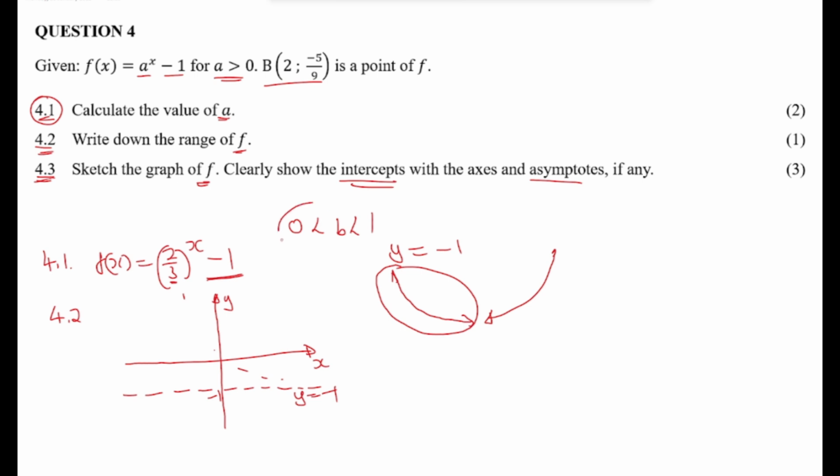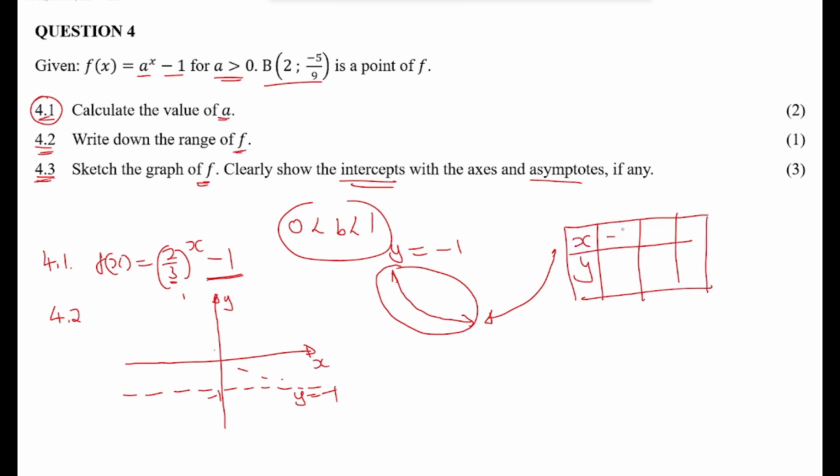We don't need to remember this. I'll show you what to do. Right, you can use the table method. Remember the table method. These 3 points: when x is negative 1, when x is equal to 0, and when x is equal to 1. Where there's x, put negative 1, say y is equal to 2 over 3 to the power negative 1 minus 1. What do you get?